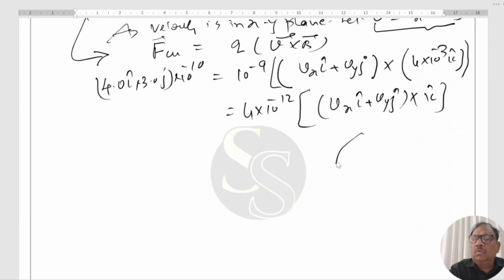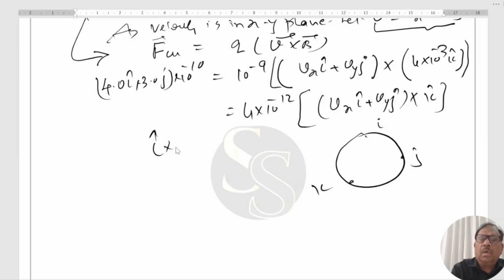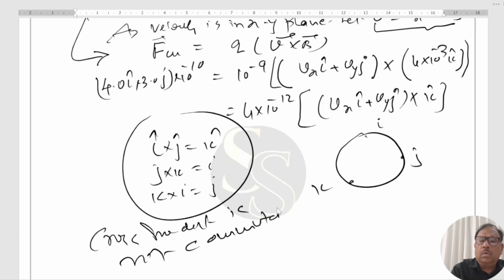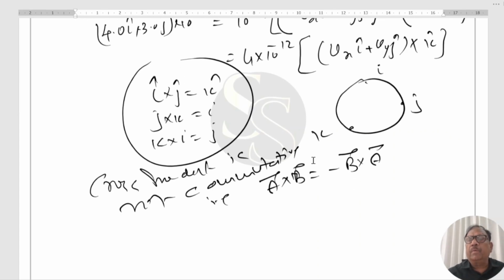Now, the cross product of i, j, k: i cross j is k, j cross k is i, k cross i is j. Cross product is not commutative, that is, A cross B equals minus B cross A. Using this concept, we will expand it.